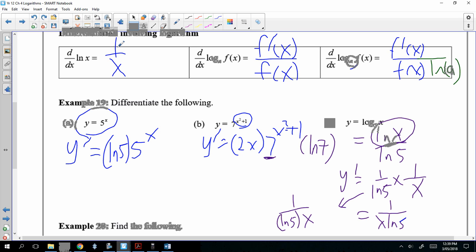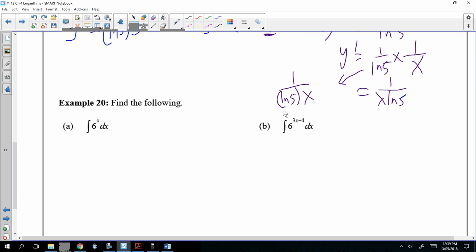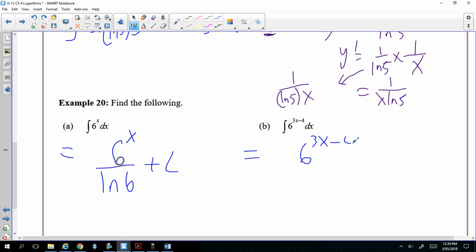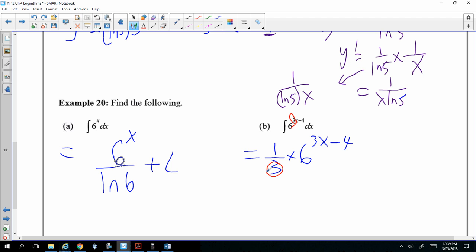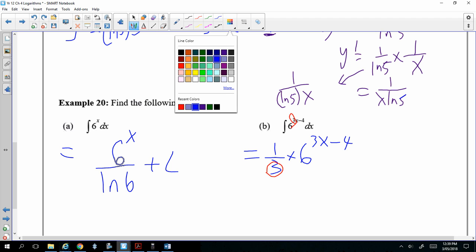And this one, same thing, you do 6 to the power of 3x minus 4, but you times by 1 over 3, using the rule that we learned before, like that. But because it's base 6, it times by also 1 over ln 6 as well, like we did here. Right? So you can clean that up to write that as 6 to the power 3x minus 4 over 3 ln 6 plus c. Okay?